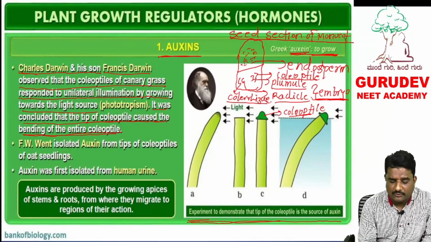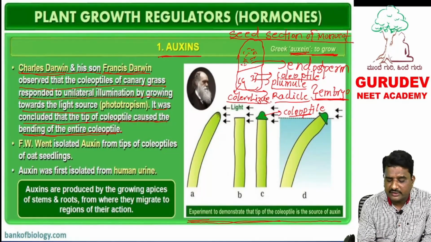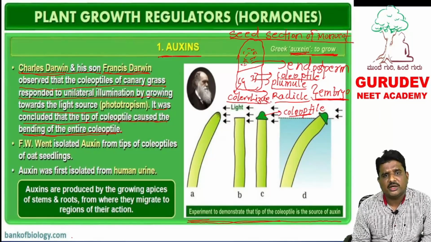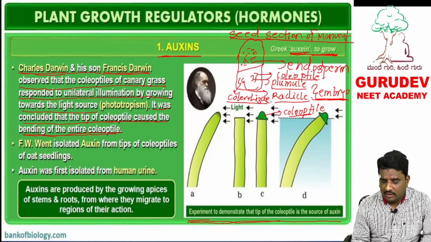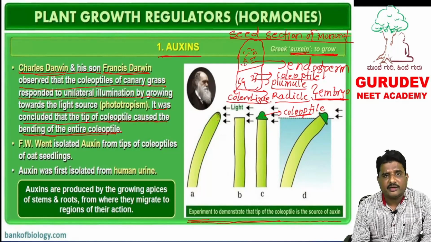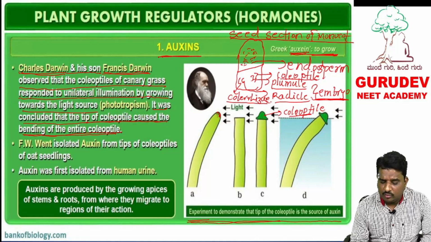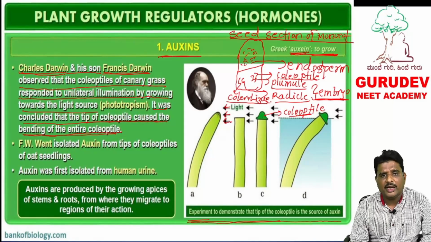See, Charles Darwin and his son Francis Darwin observed that in the coleoptile of canary grass, this is the coleoptile tip in the canary grass, when illuminated with unilateral light, what will happen?